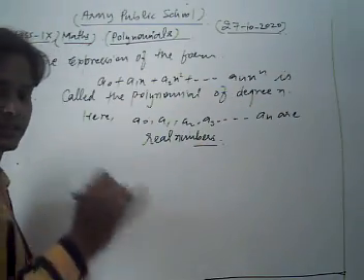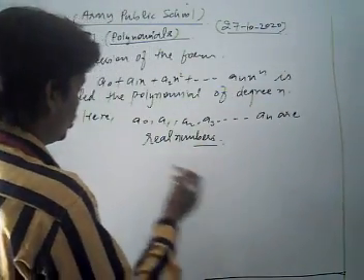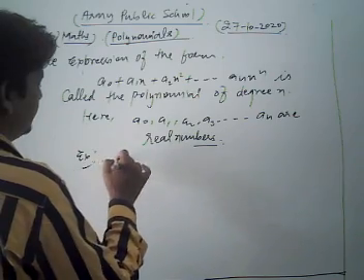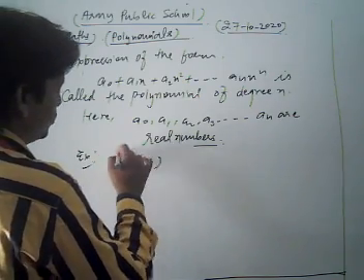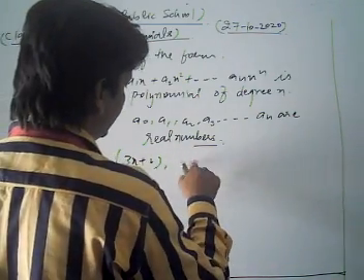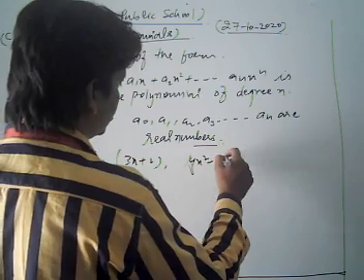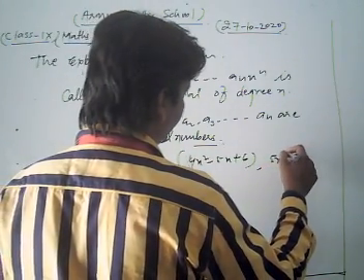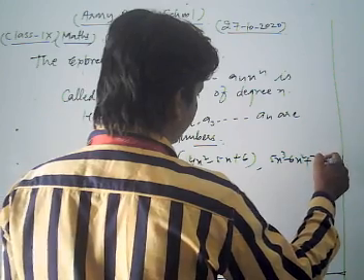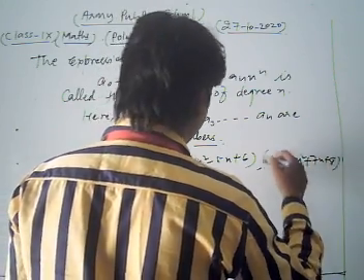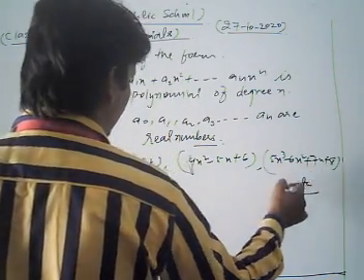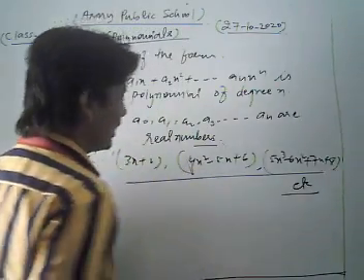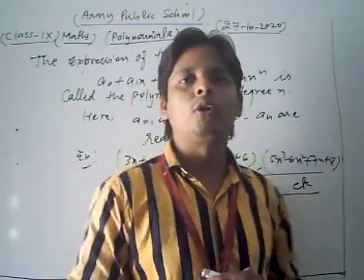Now we take some examples of polynomials. Suppose we write 3x plus 2, and 4x square minus 5x plus 6, or 5x cube minus 6x square plus 7x plus 8, etc. All are examples of polynomials.